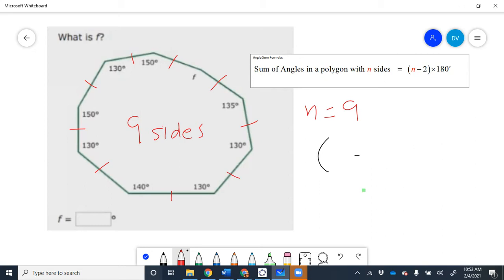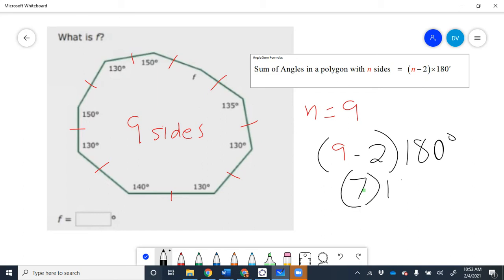Okay, so we're just going to replace the n with 9. I'm going to erase that n and replace it with a 9. And in this problem, 9 minus 2 is 7. So we're just going to do 7 times 180 degrees.